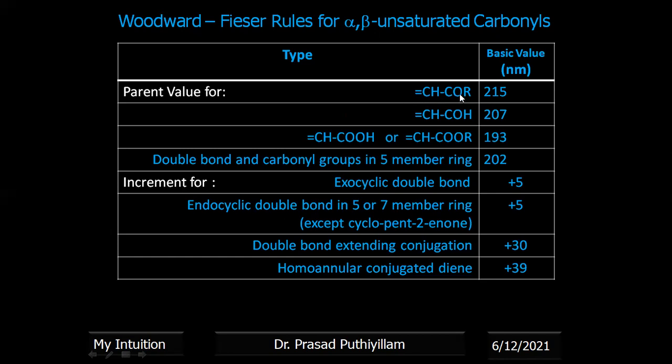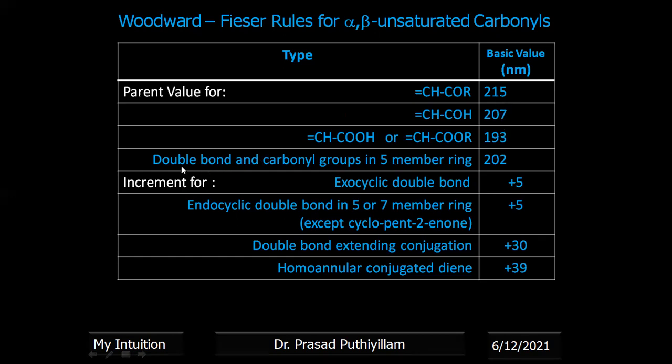If it is a ketone with an alkyl group or a ring residue, that means a cyclic structure is there, then the base value is 215. If it is an aldehyde, 207, or if it is a COOH acid functional group or an alkyl substituted acid, 193. So it is decreasing till here.